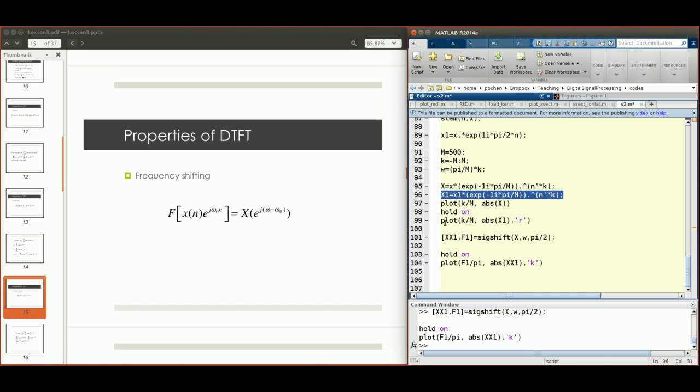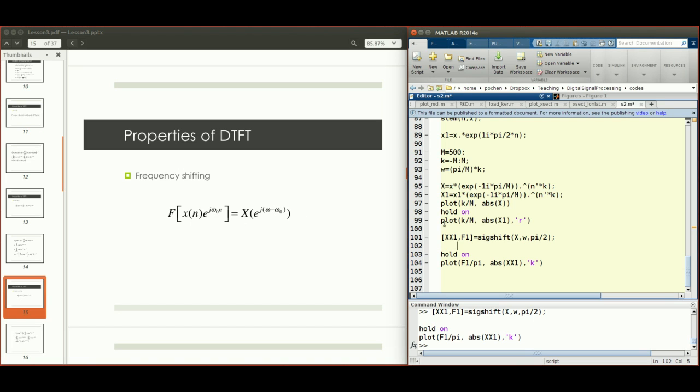Right, here we are plotting the magnitude of x1, the Fourier transform of the modulated input signal, in red, right? And now black is right on top of the red, meaning that they are identical, right? So the Fourier transform of a modulated input signal equals the Fourier transform of the original signal shifted by the amount of the frequency that you used for modulation.